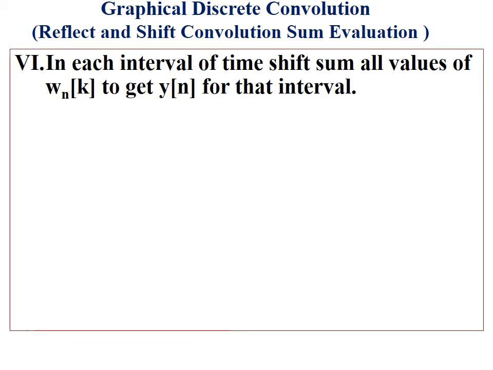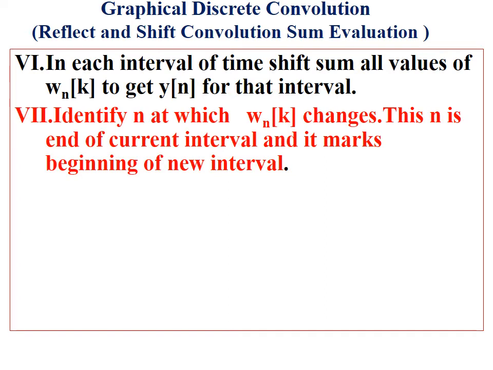Let us go on to consider the remaining steps involved in implementing graphical discrete convolution. In each interval of time shift, let us sum all the values of w of n, k to get y of n for that particular interval. Next, let us identify the value of n at which w of n, k changes.